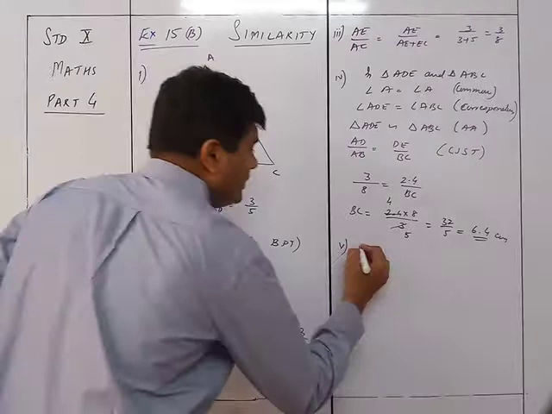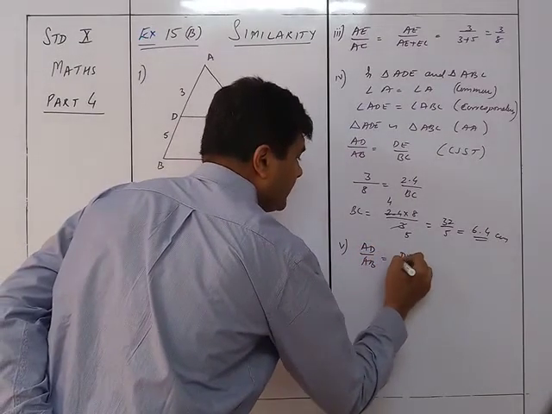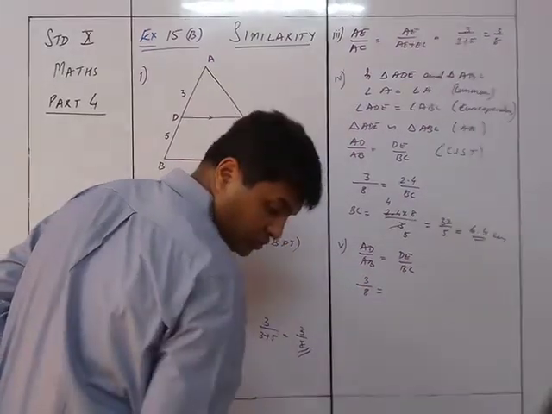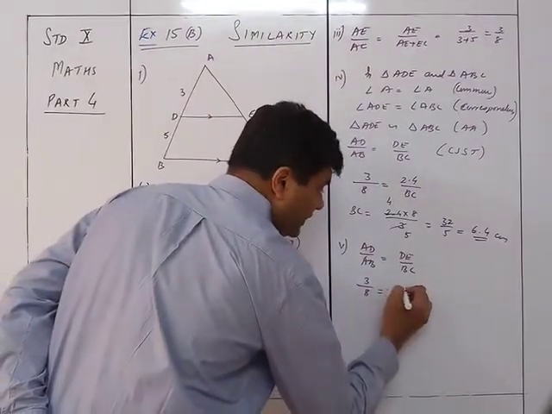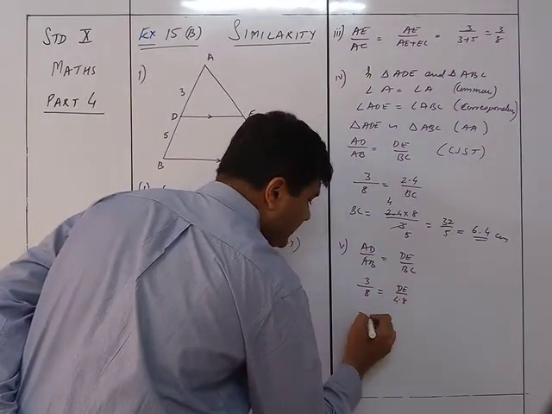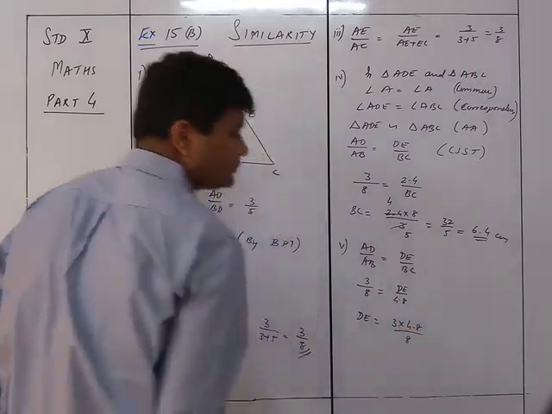In the fifth part, you are going to use the same thing again. You have got over here AD upon AB is equals to DE upon BC. 3 upon 8 is equals to DE upon BC, which is 4.8. So DE is equals to 3 into 4.8 upon 8.